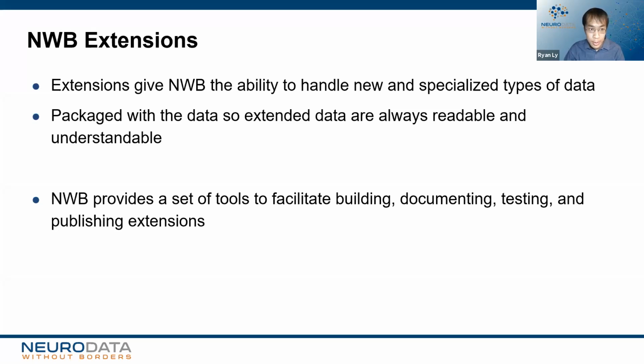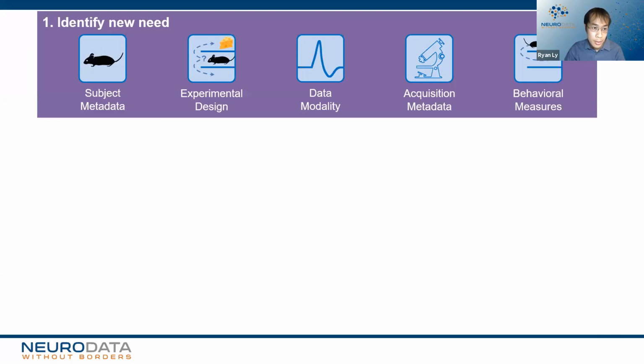And NWB conveniently provides a set of tools to facilitate the building, documenting, testing, and publishing of any of your custom extensions for your lab or for your software tool. So briefly, the process of creating an extension starts with identifying a new need. What kinds of data or metadata do you want to store that isn't supported by NWB just yet?